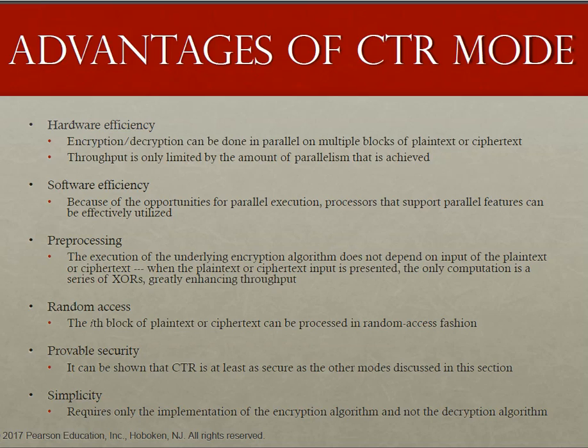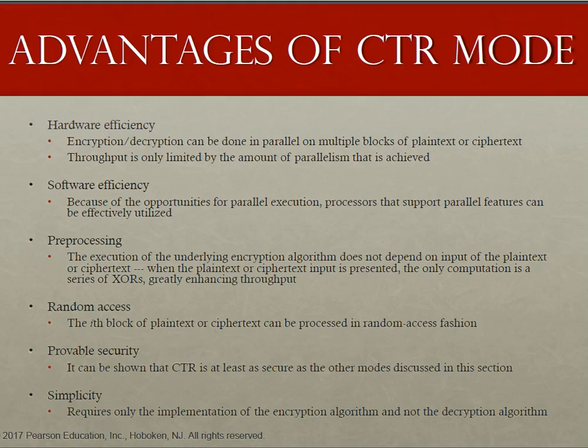The next one is the random access. So the ith block of plaintext or ciphertext can be processed in random access fashion. With the chaining mode, you remember, the block Ci cannot be computed until the previous one is computed. So I can only compute Ci if Ci minus 1 is already computed.